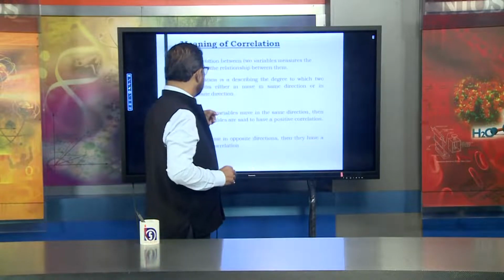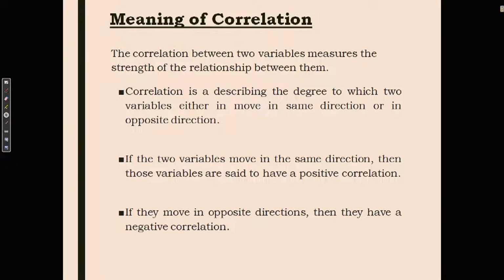If the two variables move in the same direction, then those variables are said to have a positive correlation. And opposite to this, if two variables are moving in opposite directions, that is known as negative correlation.